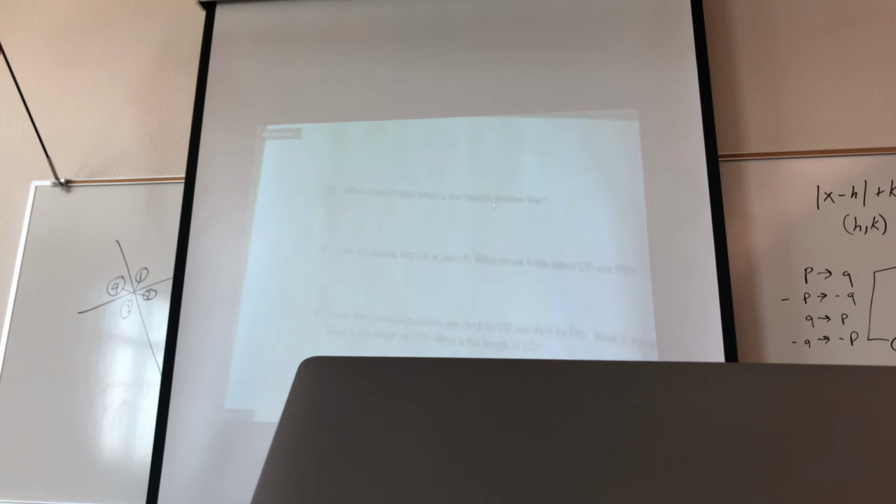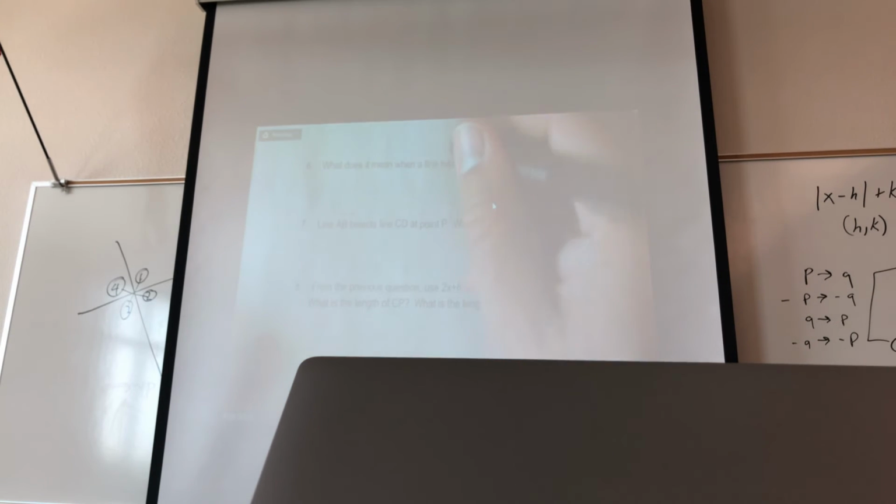Question 6. What does it mean when a line bisects another line? Bi means two, and sect means to cut. You've dissected animals in biology, or you will, and vivisect is to do the same thing while the animal is still alive.